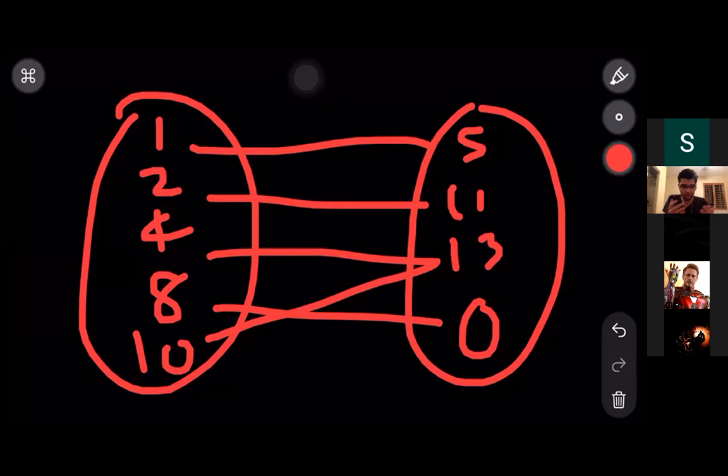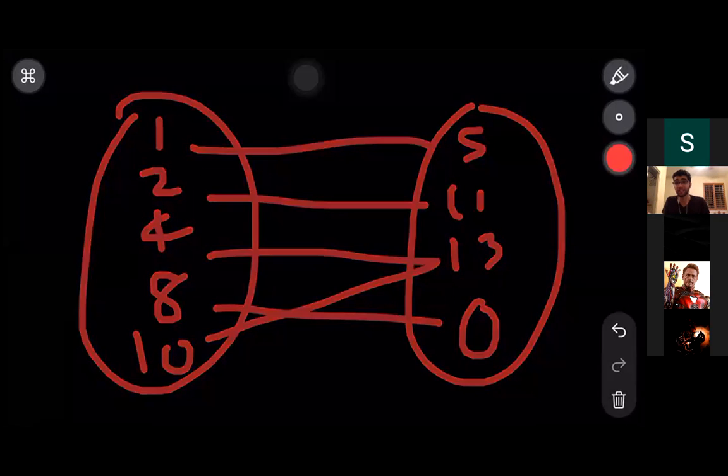Okay, so this is the definition of onto function and one-to-one function. The last thing is, if a function happens to be both one-to-one and onto, so that everything is mapped to a unique thing, no two people are matched to the same thing, and also everything in the image set has a pre-image, there is nobody left on the other side, then that function is called a bijective function.